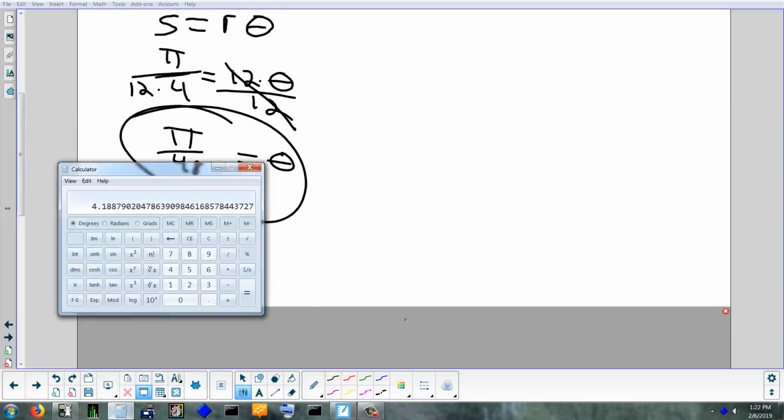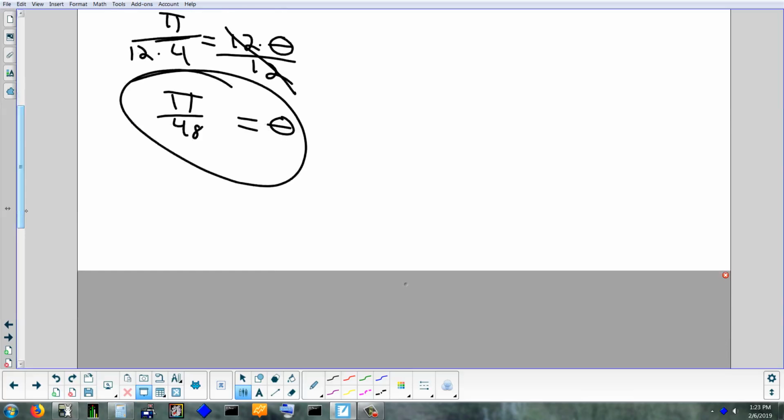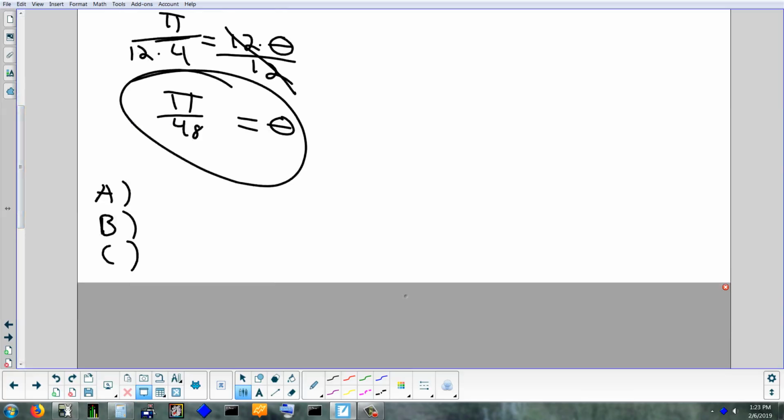So if it was multiple choice, let's say these were your choices: pi over 48, I don't know, 12, and 3.75. And maybe there'd be another choice. But which one of those would be correct? A is correct. A is the answer in radians.